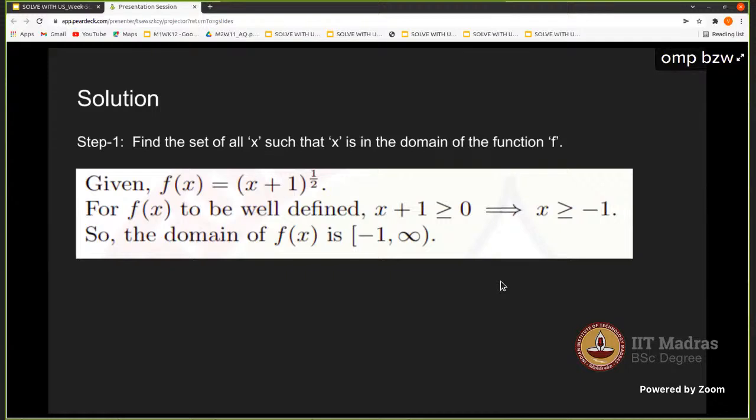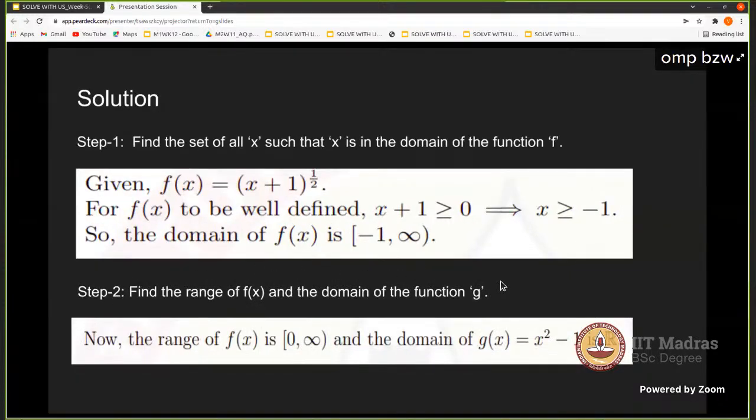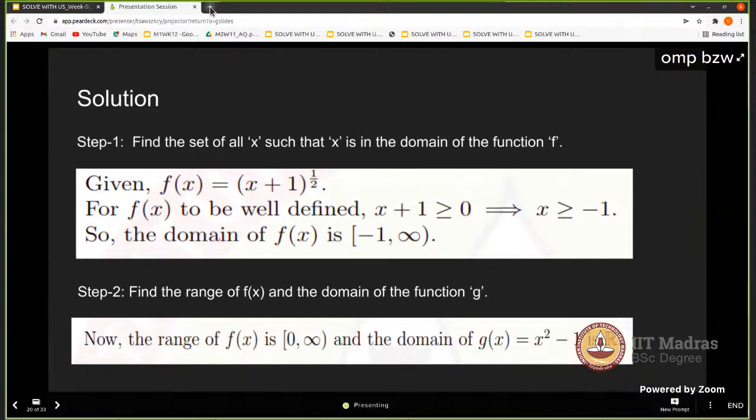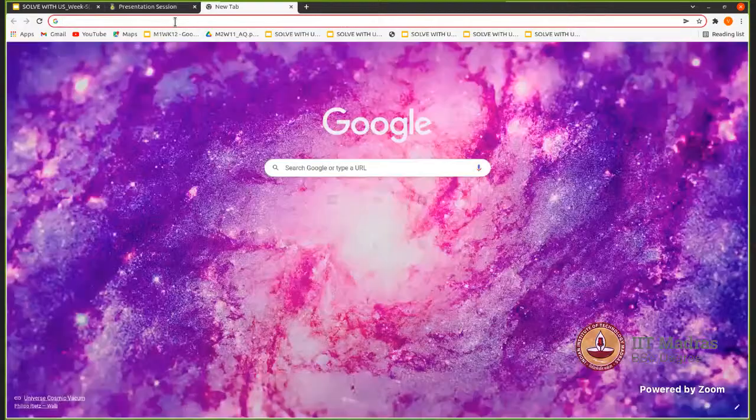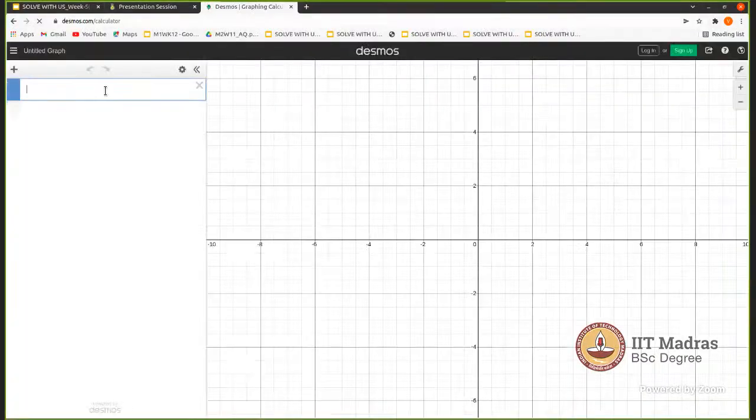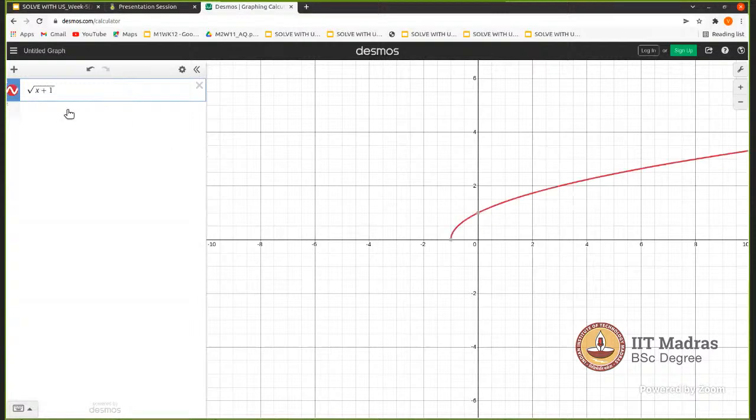Now we have computed the domain of f of x. Next we have to compute the range of f of x as well as the domain of g of x. Similarly, I will show you f of x in Desmos itself: square root of x plus 1.